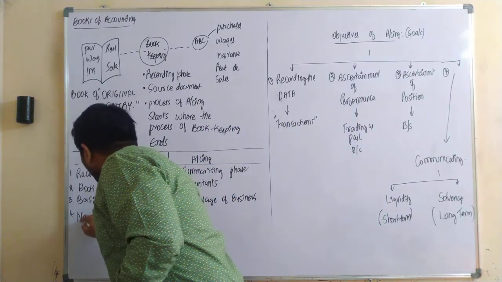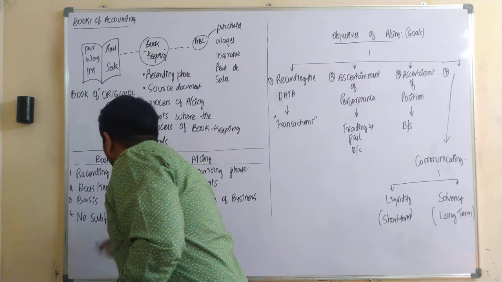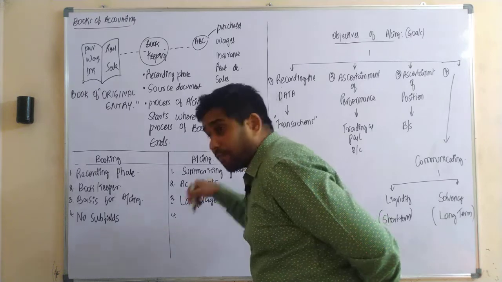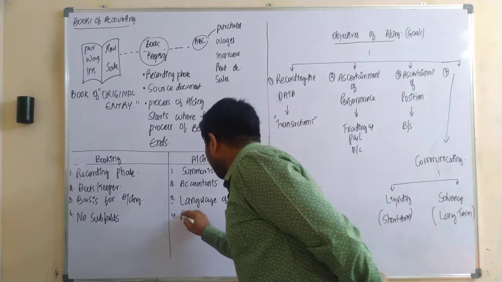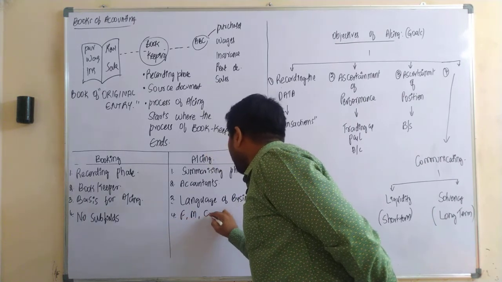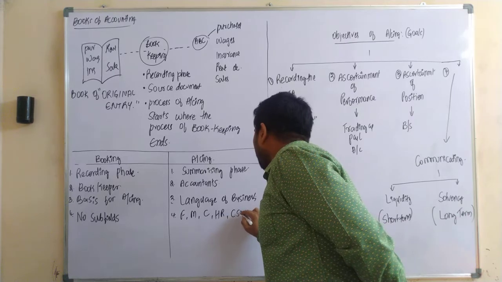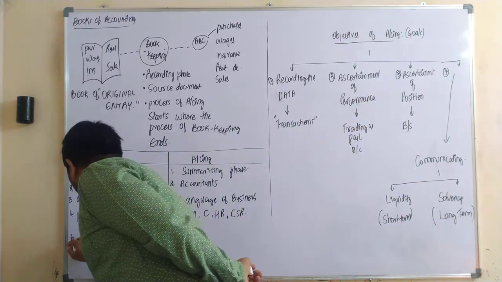There are no subfields in bookkeeping, whereas in case of your accounting you're having subfields of accounting. That is nothing but your financial accounting, management accounting, cost accounting, human resources accounting, and corporate social responsibility. Next difference.